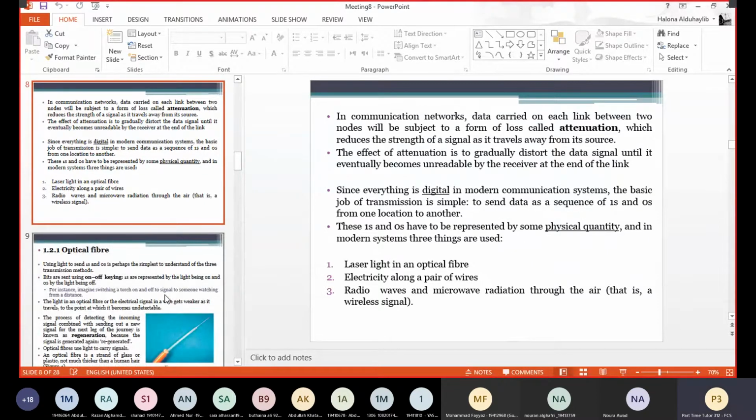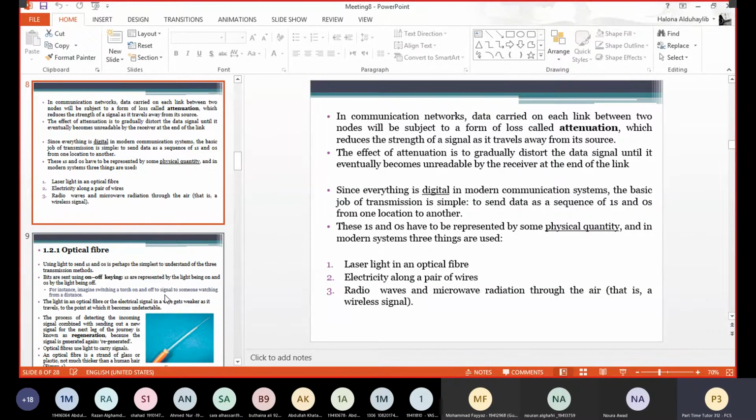In communication networks, data carried on each link between two nodes will be subject to a form of loss called attenuation, which reduces the strength of a signal as it travels away from its source. So attenuation is actually the signal becoming weak if it travels a long distance.